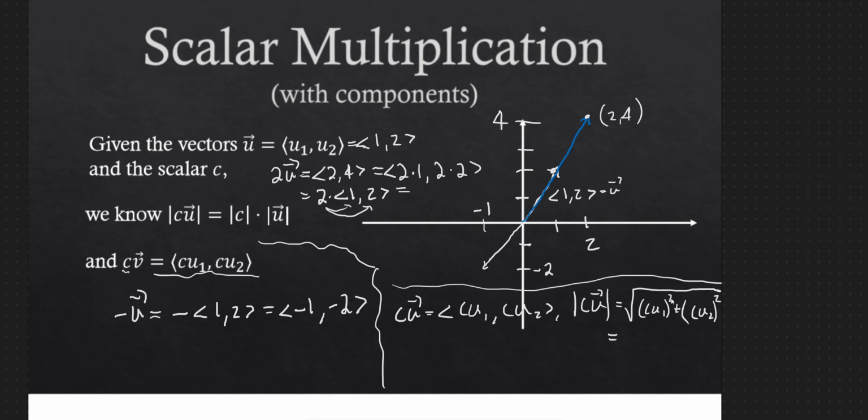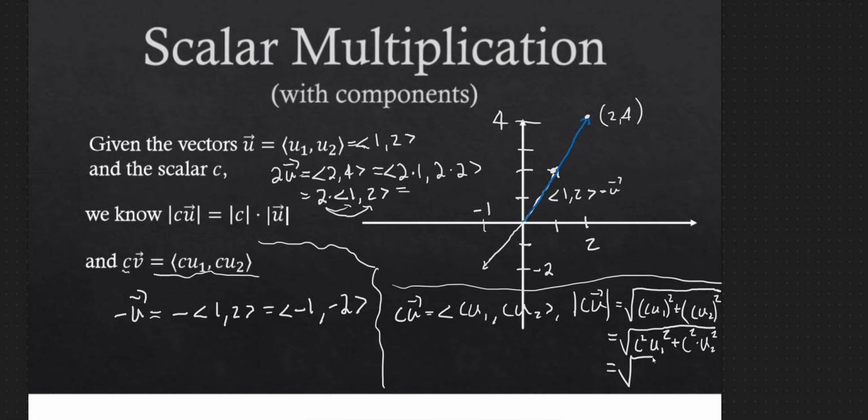Well, I have a product here being squared, and so I can write each of these as c squared times u1 squared plus c squared times u2 squared. Now I have two terms with c squared, so I can bring that c squared out.